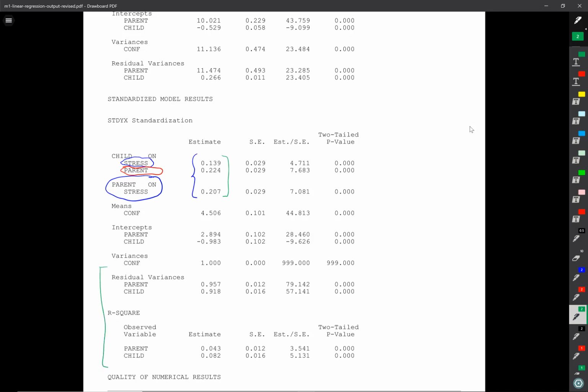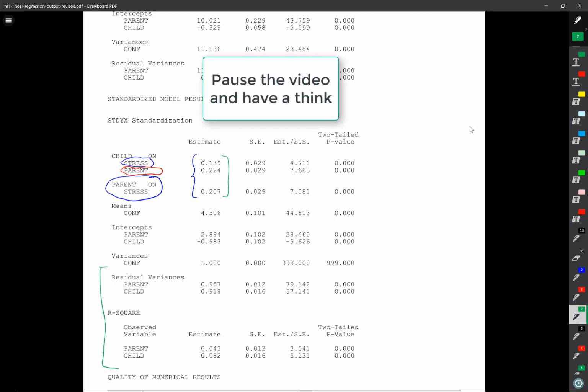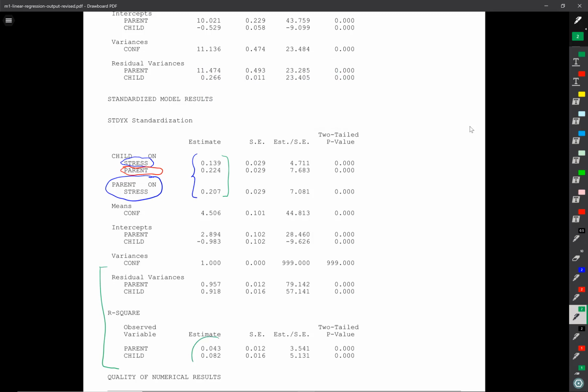What about these two things here? What's the story told by these numbers? So, looking at this, you would say that a significant proportion of variance in both parenting competence and child externalizing problems were explained by the predictors.